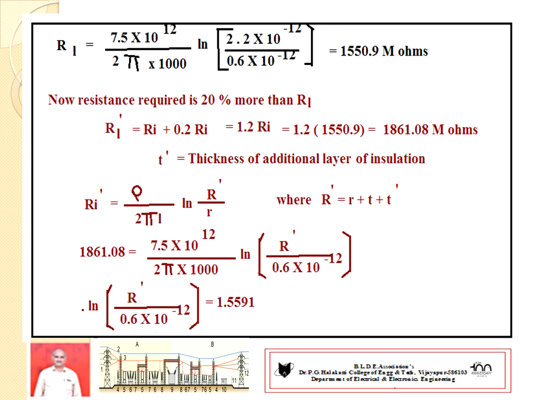Therefore, R1 dash you are knowing, resistivity value you are knowing, 2 pi L you substitute, ln R dash divided by 0.6 into 10 to the power of minus 2, you go for that. Ln value equal to, you make the simplification all terms, 1.5591.